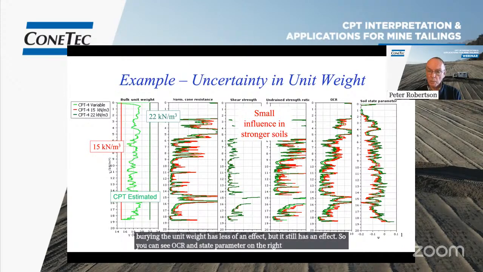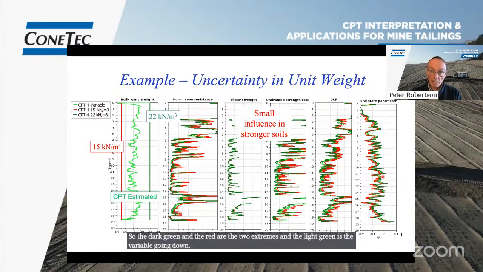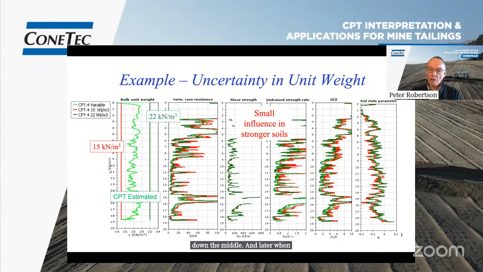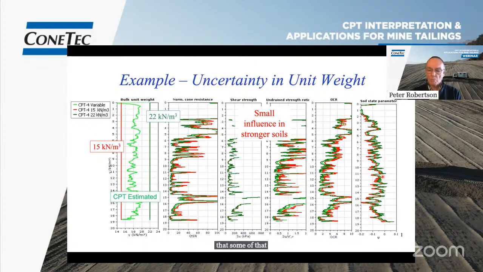You can see it's still playing a role. There is a difference between the two. So the dark green and the red are the two extremes, and the light green is the variable going down the middle. And later when I show you variability in state parameter, it's useful to keep that variability in mind, that some of that variability could just simply be uncertainty in unit weight.